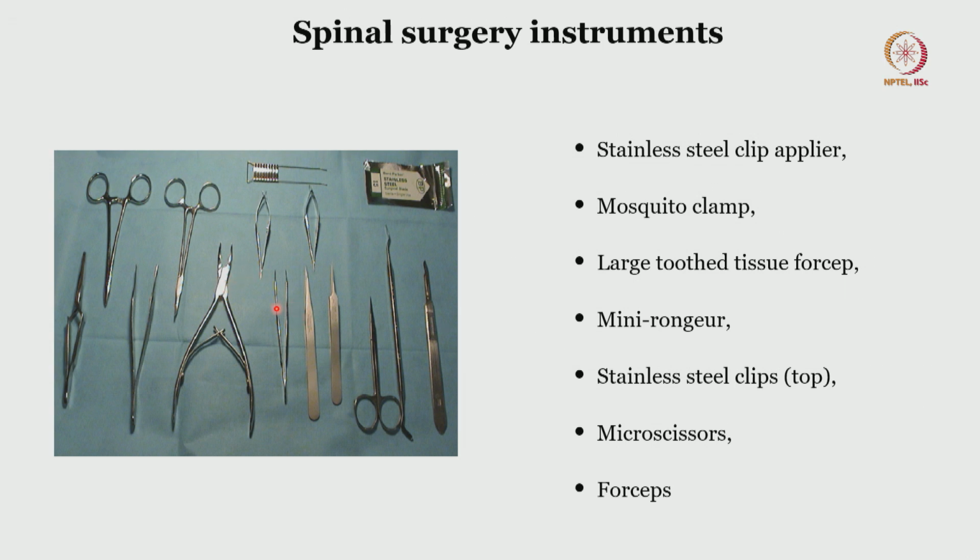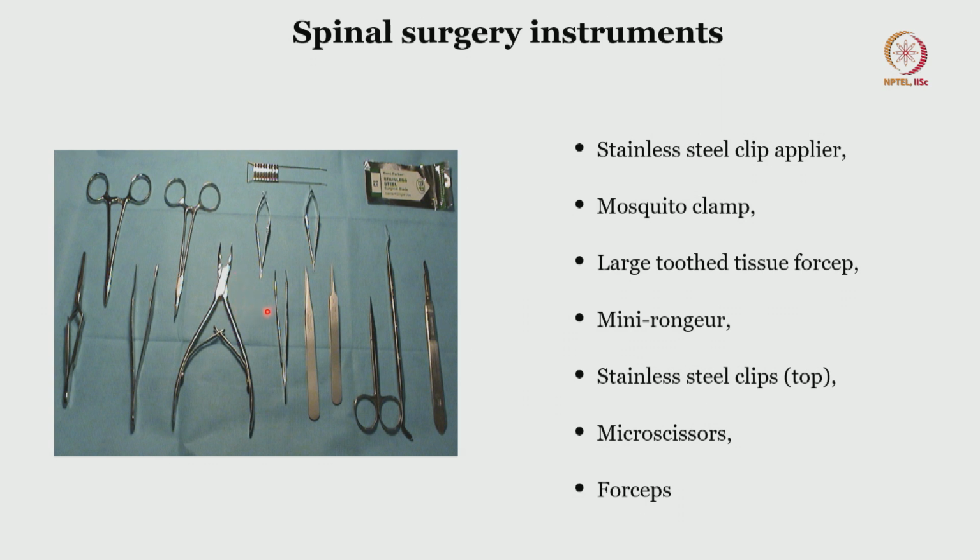Once a dissection is made in the muscle, you will be doing the laminectomy using these bone rongeurs. You can see how heavy this instrument is, but the tip of the instrument is pretty fine, rigid and sharp. Drills can also be used to do the laminectomy. In fact, it is much safer to use the drill, but there is a learning curve involved in drilling for spinal surgeries, which is pretty different from cranial surgery drilling.